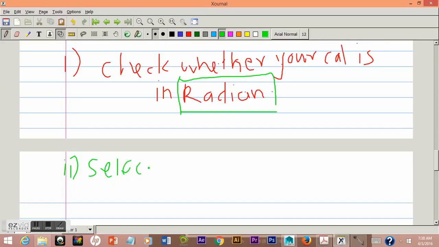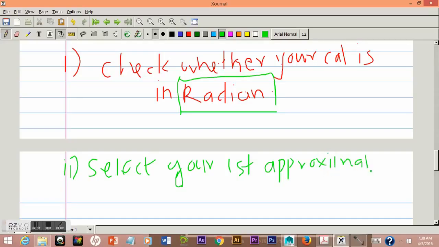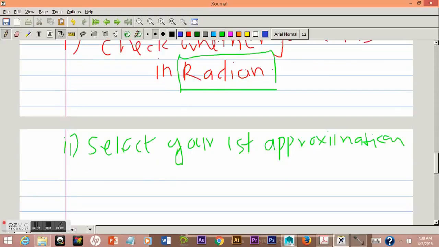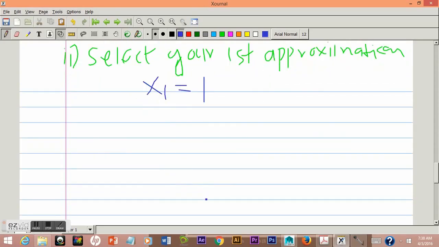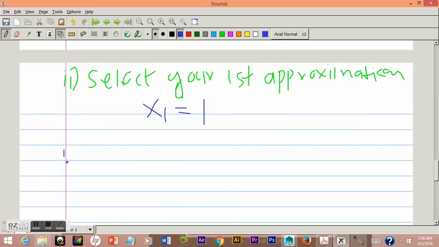Second step, writing the program. So first, how to write the program. Because our initial approximation is 1, we have to start with that.